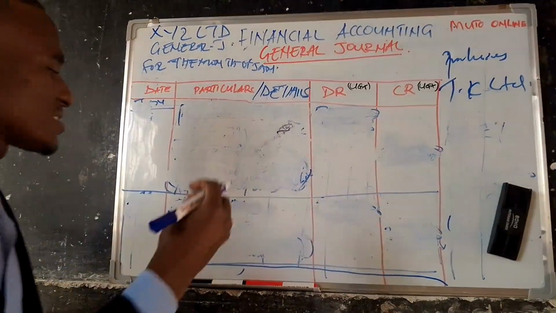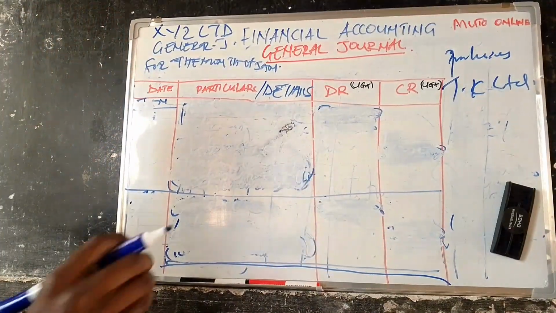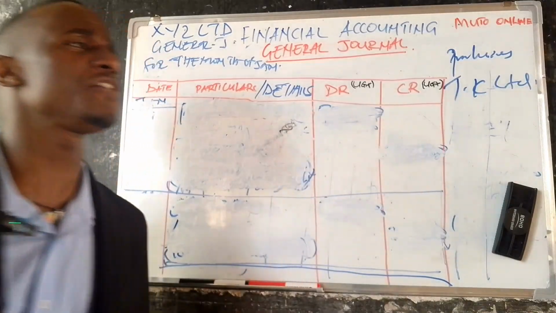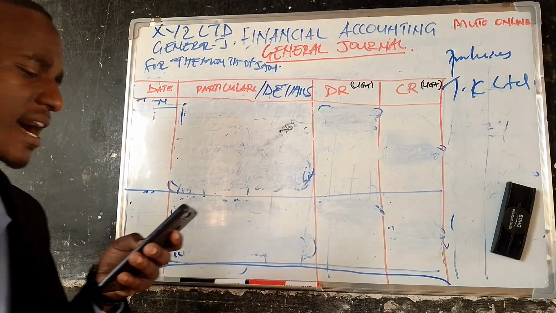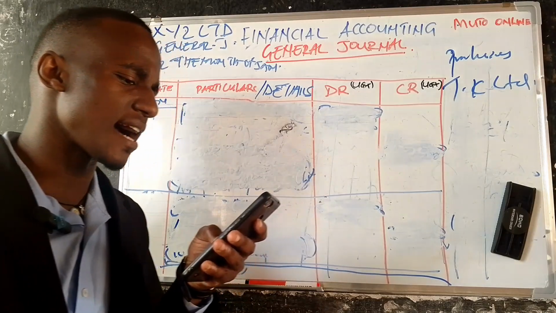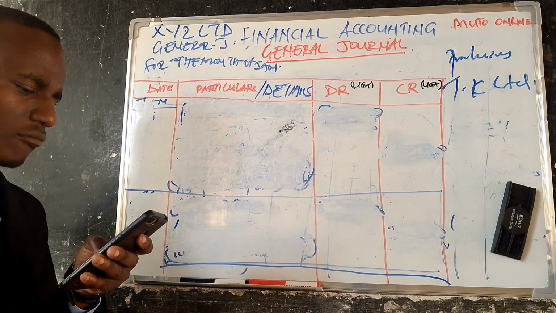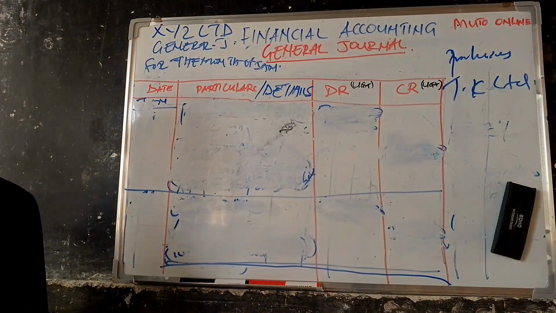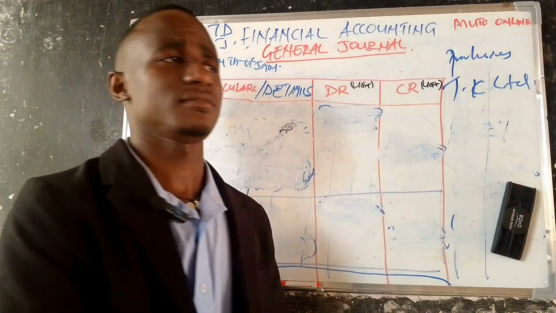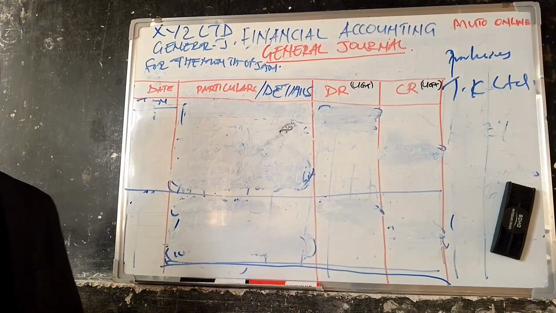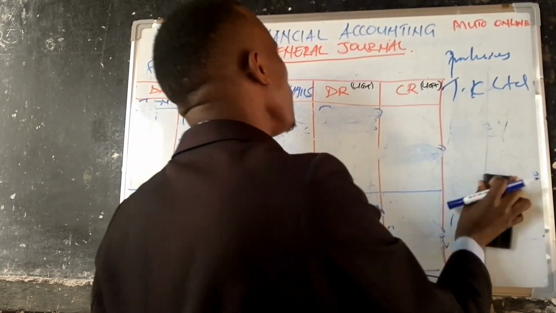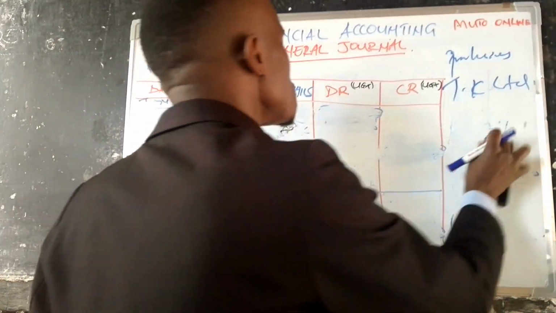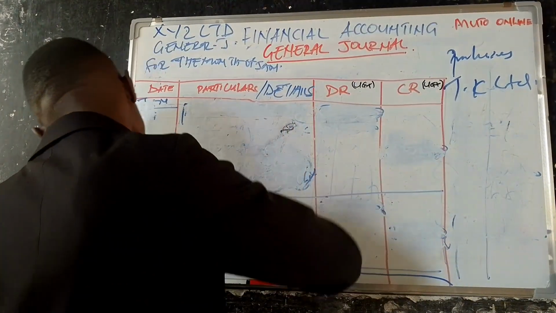a transaction and say, remember we had the ticket limited giving goods on credit, and the next transaction it is ticket limited received cash. Remember, in our previous transaction, ticket was the one giving goods on credit.